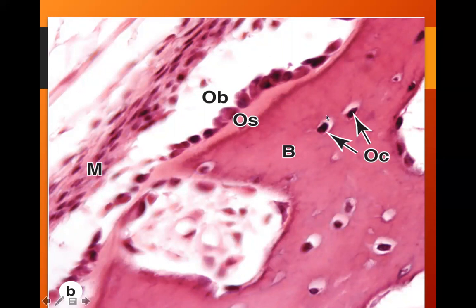It goes in the bone matrix, and this now will become your osteocytes or the mature bone cells. If the osteoblast function is bone formation, the osteocytes, on the other hand, maintain this bone matrix.